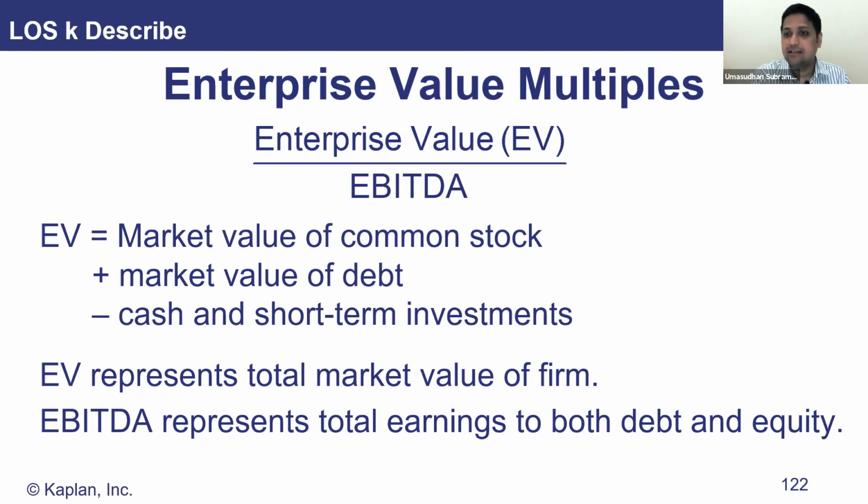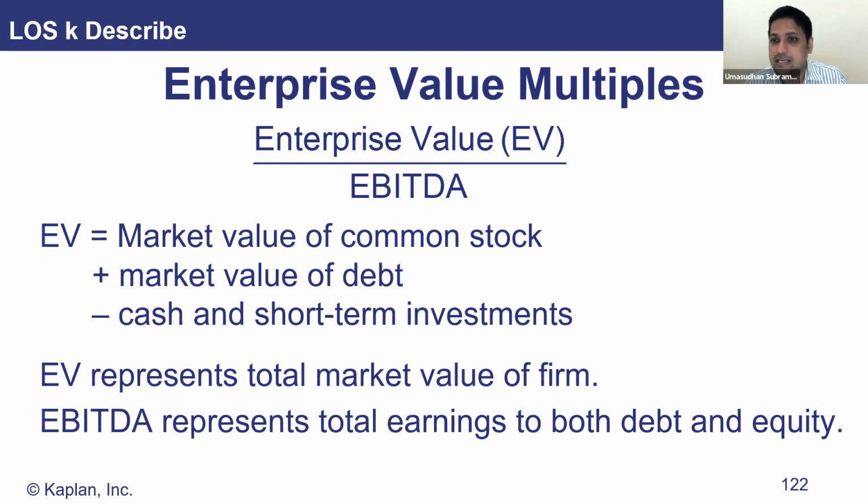Look at EBITDA from the angle of your ROCE. Why am I saying that? Because your EV is going to include the market value of your debt, market value of your equity, minus cash and short-term investments, divided by your EBITDA. EBITDA represents the earnings to both the debt holders as well as equity holders.